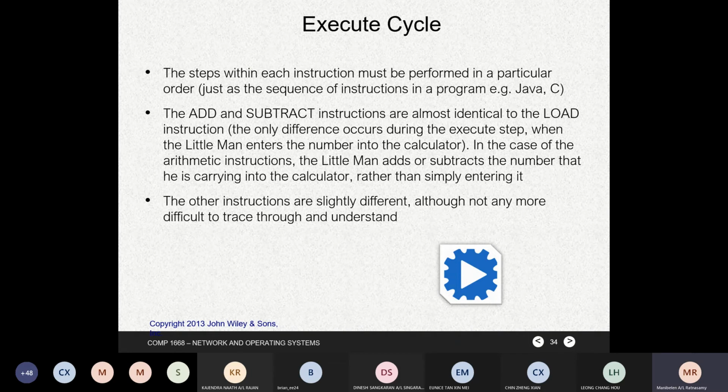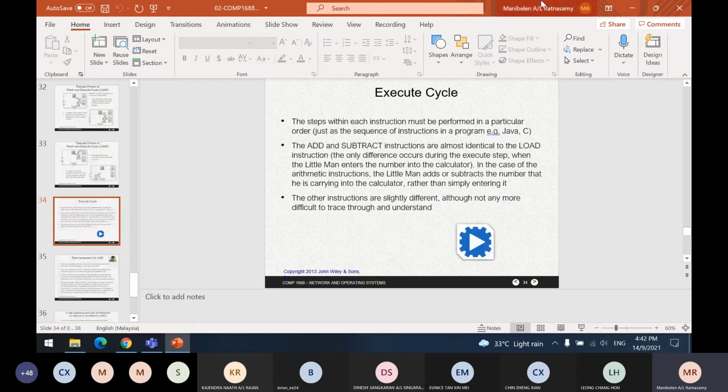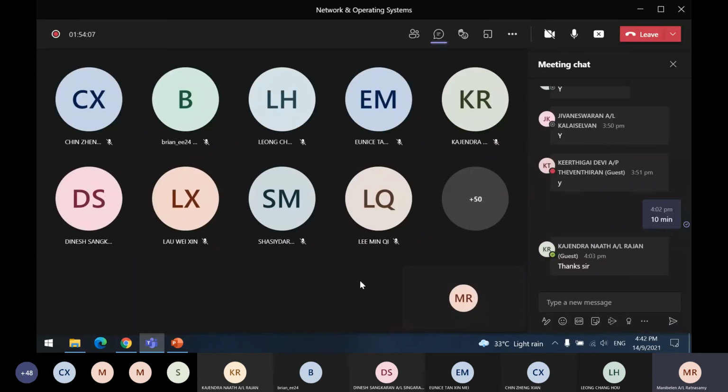Okay, let me ask you a question. I'm going back to the chat box. Okay, type for me. Can we execute instruction at the memory? Yes or no?